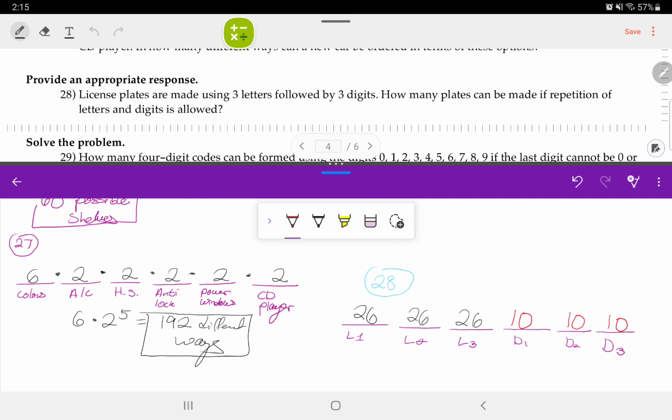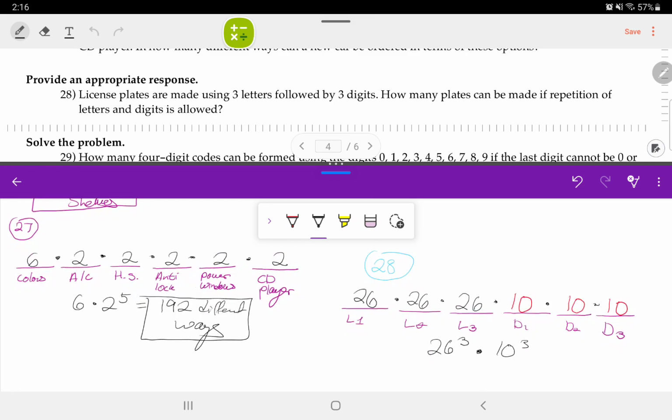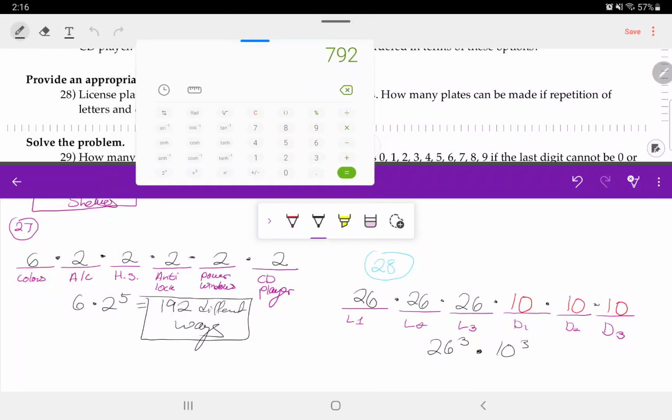So to find the number of possible license plates that can be made, we're going to multiply the numbers together. 26 times 26 times 26 with 10 times 10 times 10. That's going to be 26 to the 3rd power times 10 to the 3rd power if you're using algebra.